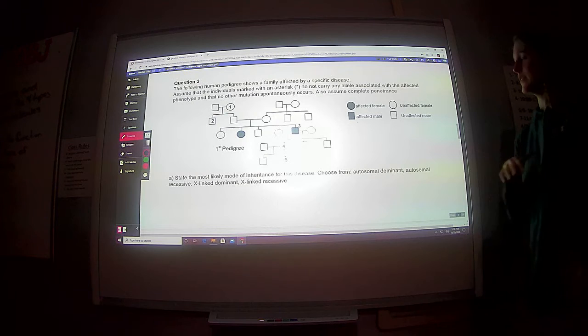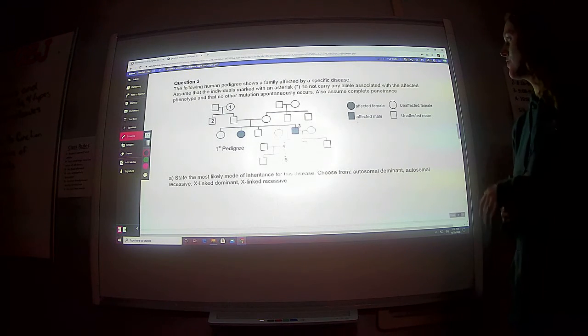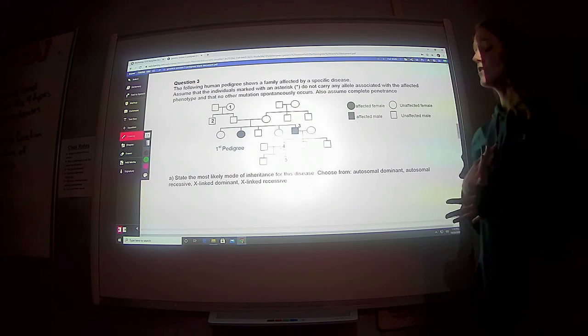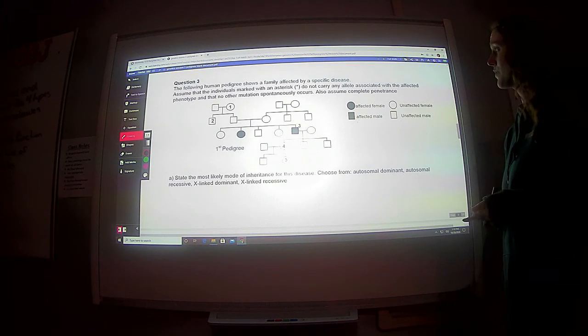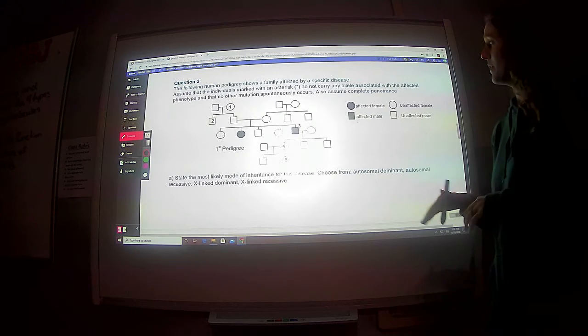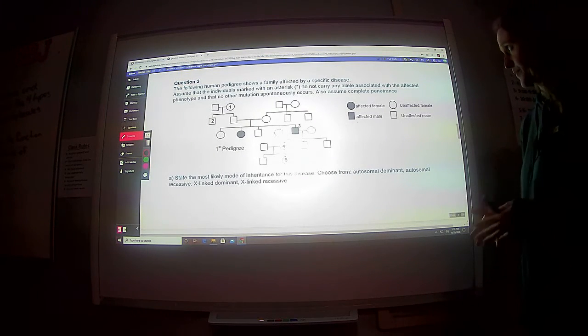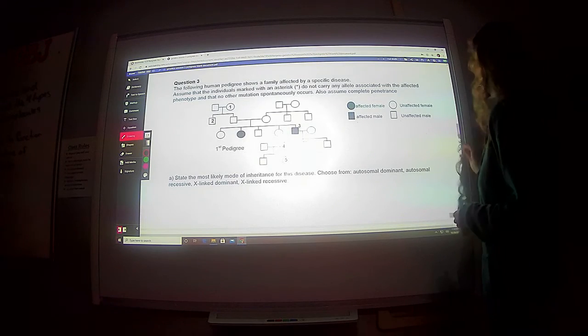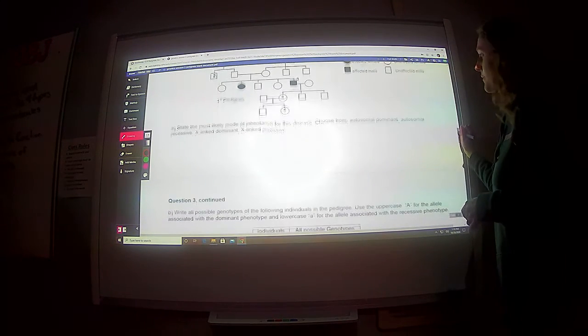Only two. And there's two generations above it that don't have it, two generations below it that don't have it. That should give you a clear indication that this is going to be a recessive disorder here. And because we have one female and one male with it, that means it's affecting both sexes at the same time, so it's going to be an autosomal recessive trait.